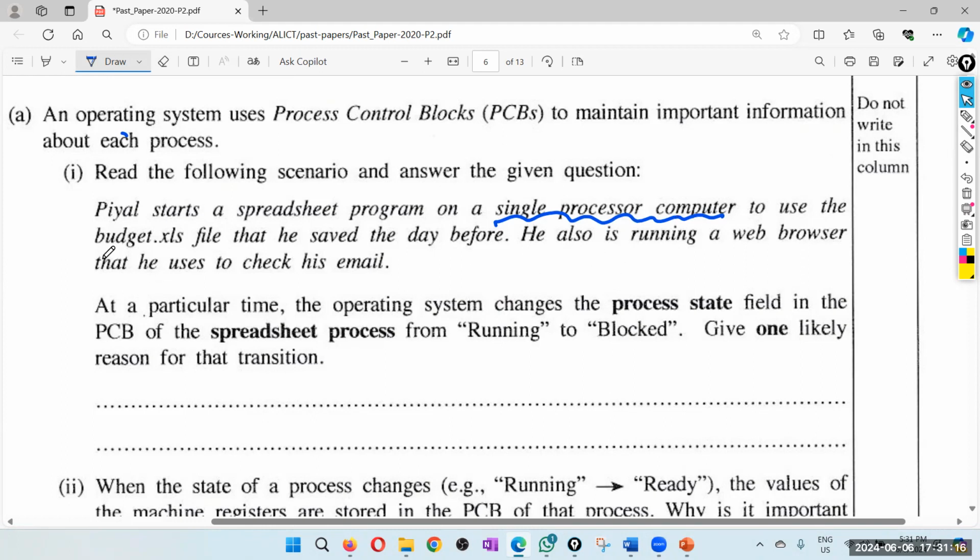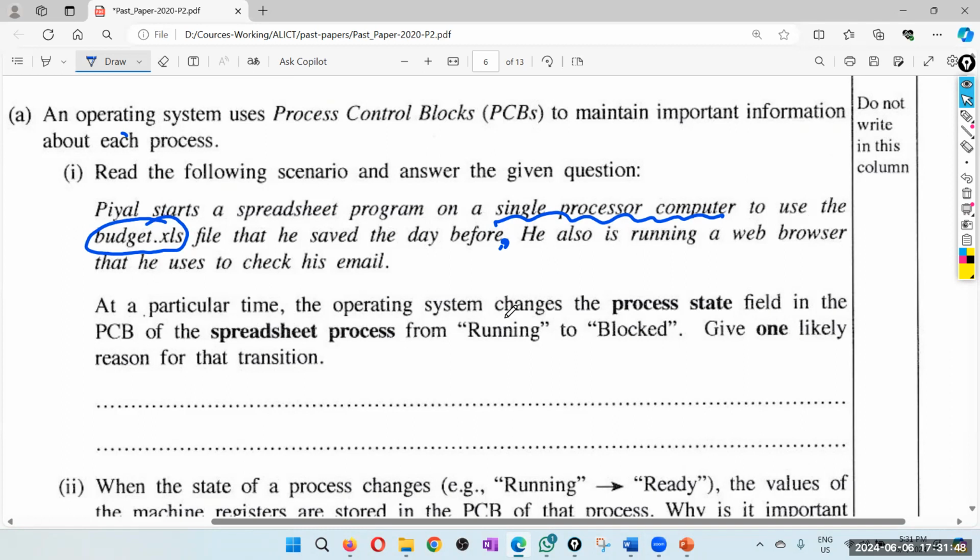To use the budget.xls, so this is the Excel file that he saved the day before. He is also running a web browser. Parallelly, he is already running a browser like Firefox that he uses to check his email. So while he is already running a web browser like Firefox, now he has started running a spreadsheet like Excel.